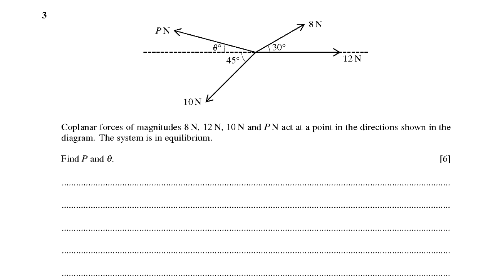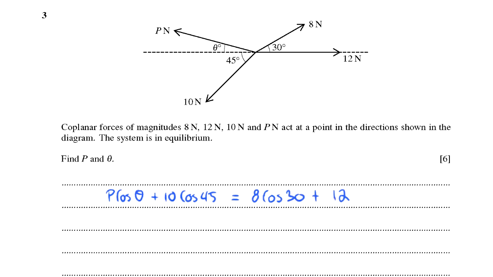So for horizontal components, the forces going left are P and 10. So we could say P cos theta plus 10 cos 45 has to equal the forces going right, which is 8 cos 30, and the last one is just 12 because it's just going right.